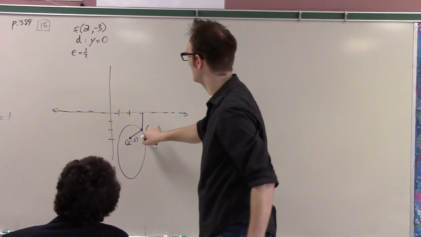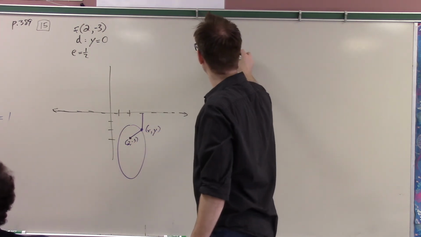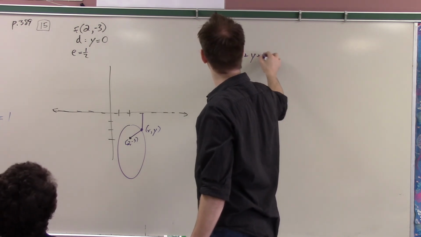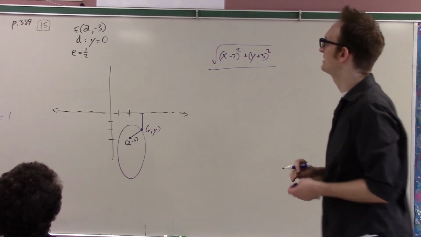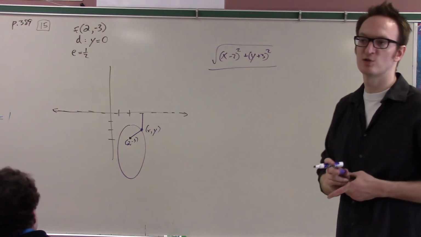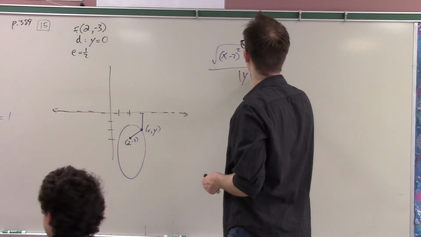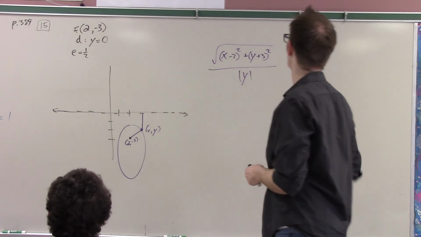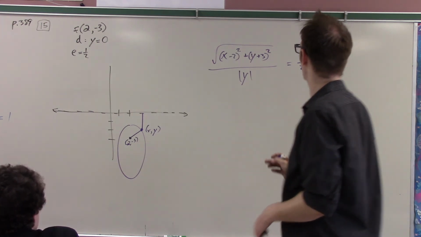What's true is that the distance from an arbitrarily chosen point to the focus, which will be the square root of (x minus 2) squared plus (y plus 3) squared, over the distance from that arbitrarily chosen point to the directrix, which would just be the absolute value of y, equals 1/2. And now, at this point, it's just algebra. That was the thinking required, now we just have to do lots of algebra.